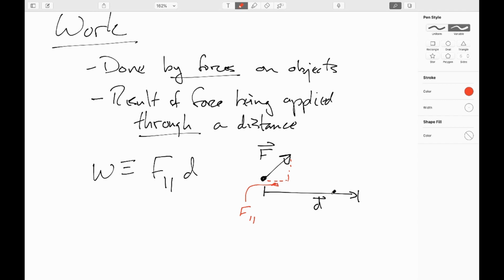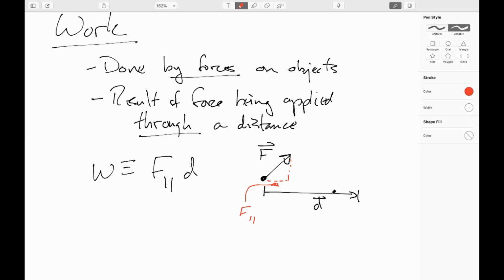And this is because we keep in mind that the kinetic energy of an object depends on the speed. And we remember that only parallel components or anti-parallel components of a force can affect the speed, because that will give you parallel or anti-parallel components of acceleration. So thus the speed can change.